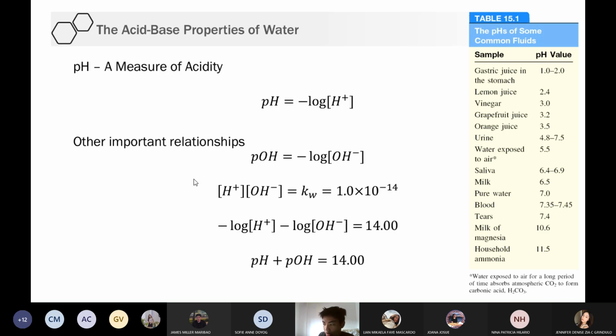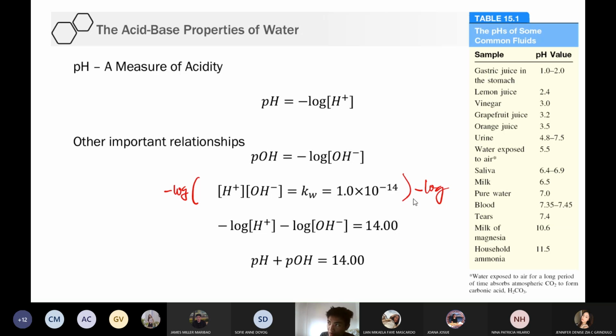Pag kinuha mo yung negative log ng dalawang sides. However, ito naman, since this is numerical value, kapag kinuha mo yung negative log niyan, yung exponent bumababa lang. Okay? So nagiging 14 lang siya.